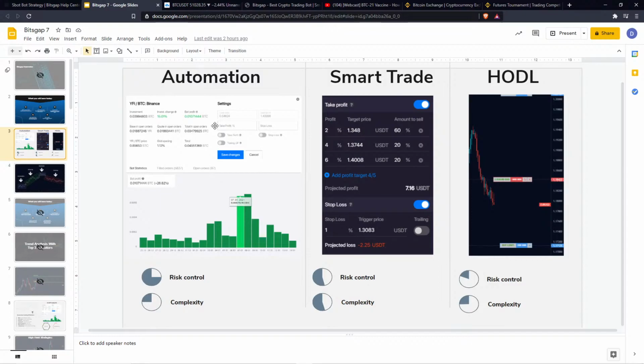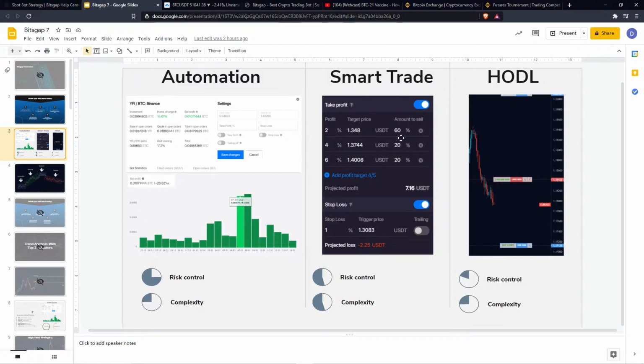So if you are the newcomer and you've never traded Forex market or whatsoever, you are new to crypto, then starting with automation, with Bitsgap automation, you can really figure out the sentiment of this market so that you develop your skills towards the smart trade mode.